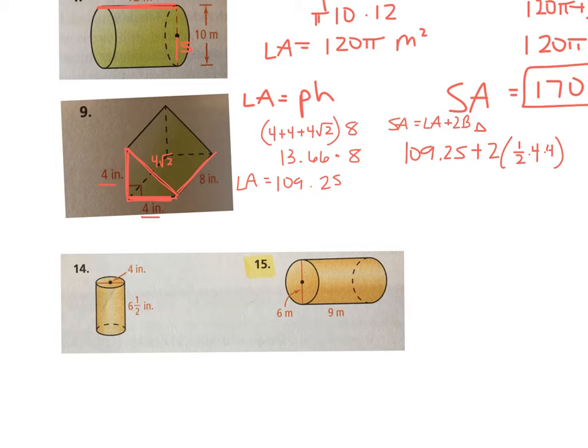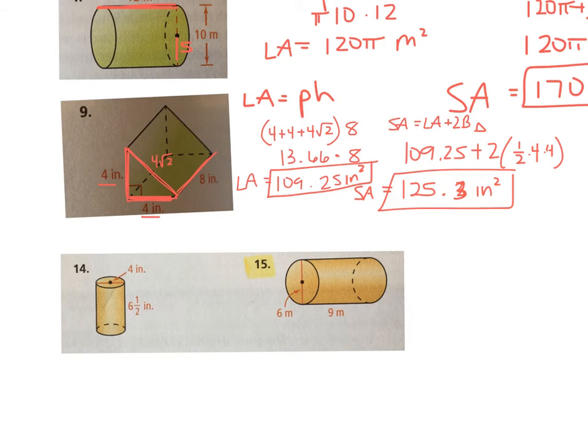Okay, so 2 times 1/2, that goes away. So really you're just adding 16 to that. And you get 125.2, we'll say to the nearest tenth, it would be 0.3. All of this is square inches, so square inches here and square inches here.